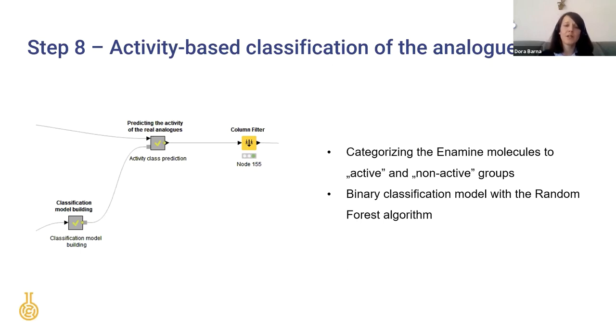For this, we are going to use some predictive model building and activity-based classification of the remaining Enamine compounds. We are going to use our imported input molecule set to build a binary classification model using the random forest algorithm. And with this built model, we are going to categorize the remaining Enamine compounds as active or non-active molecules.